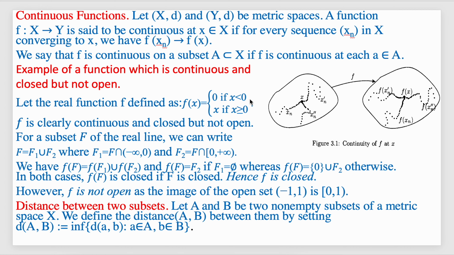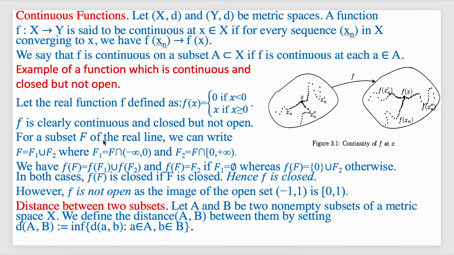Also, if we draw the graph of this function, there is no break in the graph. From the definition we can verify that this is a continuous function. This is a closed function but not open.